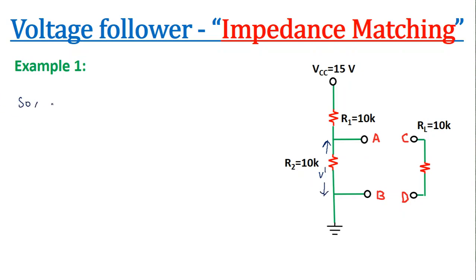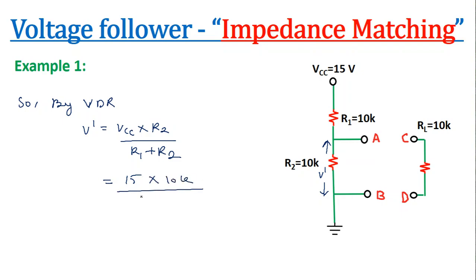By the voltage divider rule, V dash will be equal to VCC into R2 divided by R1 plus R2, which is 15 volt into 10K divided by 10K plus 10K. When we solve this, we get V dash equal to 7.5 volt.